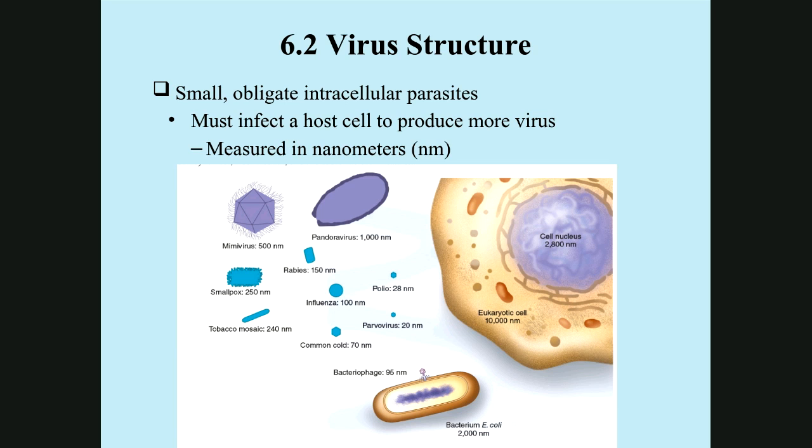So this picture is showing you some of the different sizes of, a cell like ours on the far right. That eukaryotic cell could be like our size. At the bottom is a bacteria that we've already talked about. And then all the rest there are viruses, and so they can be about as big as a bacteria all the way down to the teeny tiny little parvoviruses and other very, very small viruses.